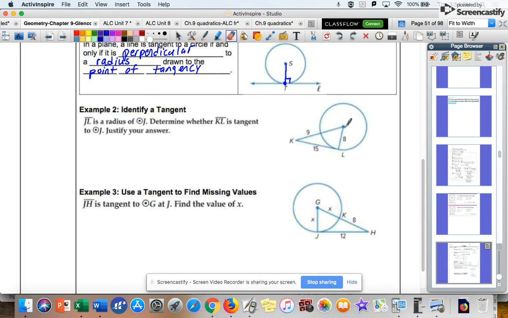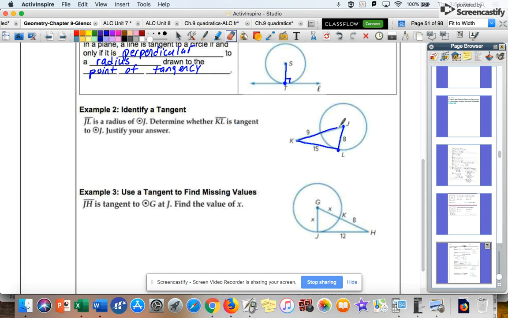So let's apply that theorem here. We see this radius here of 8, and we see a tangent here, KL. It says JL is a radius of circle J. Determine whether KL is tangent to J. Justify your answer. So we're determining whether this is going to be a tangent segment or not.